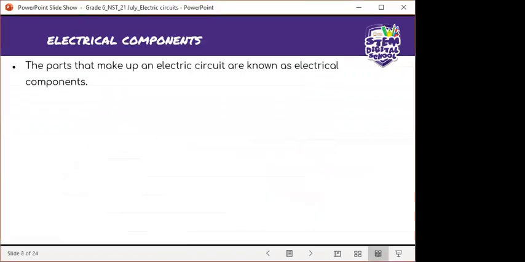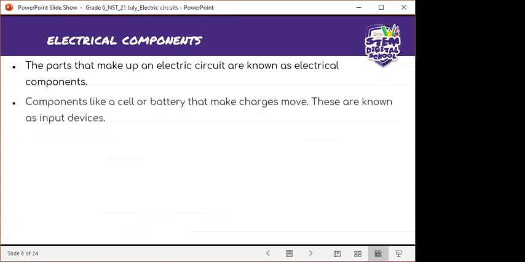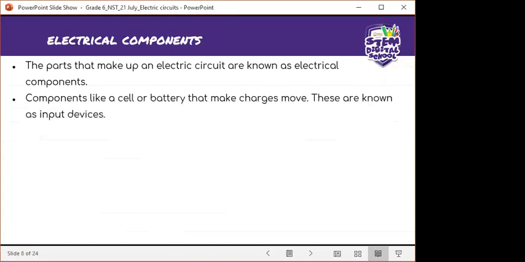Okay, so this is just a continuation or just another way to explain what we have just written down. This topic says electrical components. It says the parts that make up an electrical circuit are known as electrical components. Components like a cell or a battery that makes charge move are known as input devices.